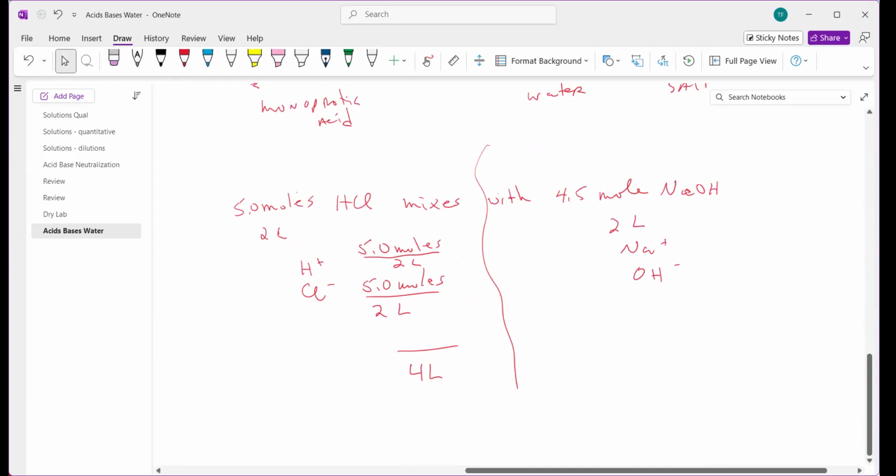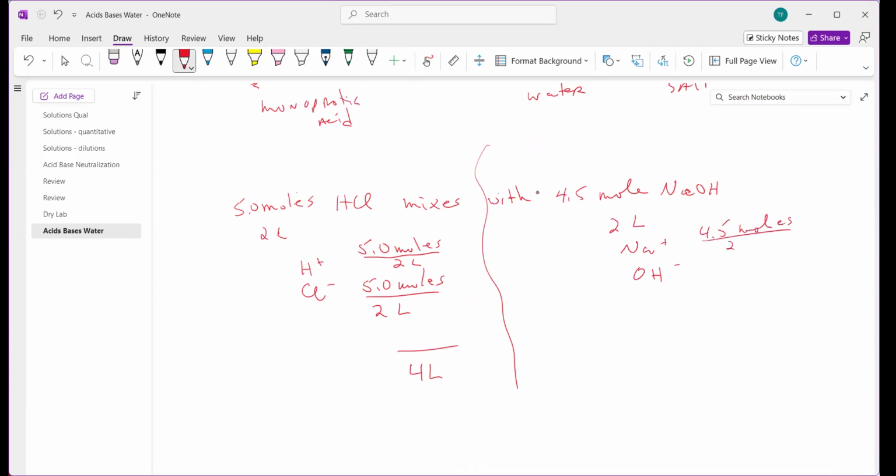Sodium is going to be 4.5. Using the same deal, sodium hydroxide, 1 OH comes off, 1 sodium comes off when it dissociates.